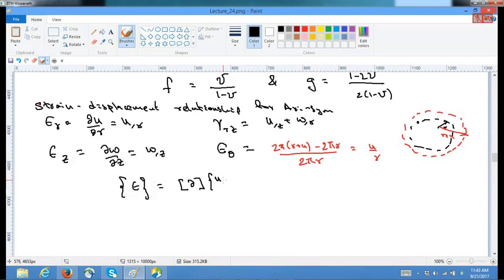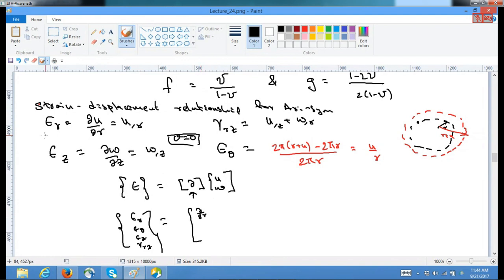So we have only two displacements. Our operator matrix can be defined for epsilon r, epsilon theta, epsilon z, gamma rz. For epsilon r it is only with respect to r, so it is dou by dou r, and there is no w component for epsilon r, so this is 0.